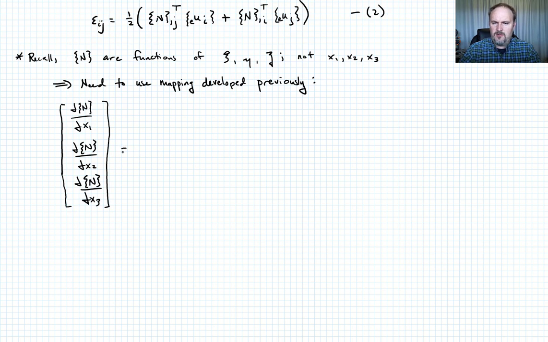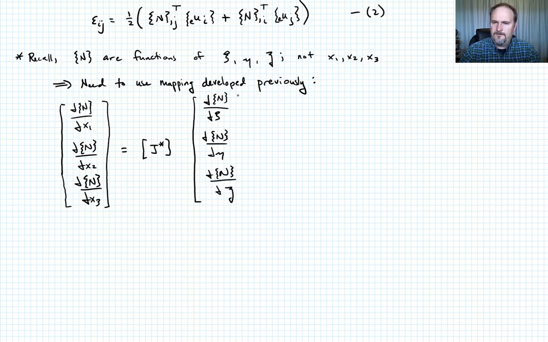That quantity is equal to this term that we called J star, times the quantity partial of N with respect to xi, partial of N with respect to eta, and the partial of N with respect to zeta. Call that equation 3.